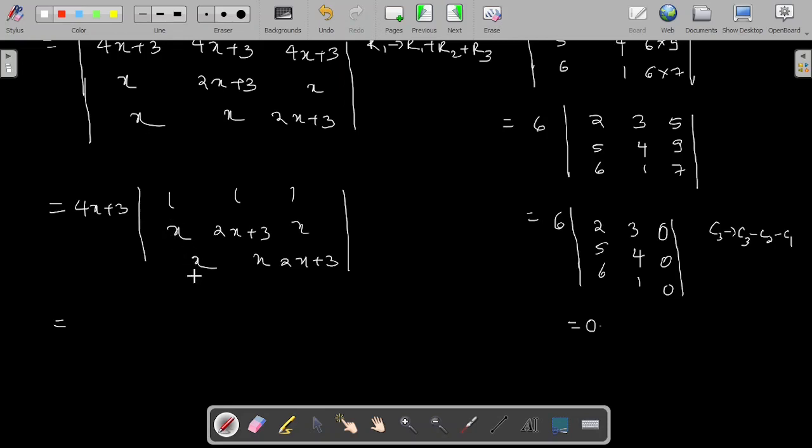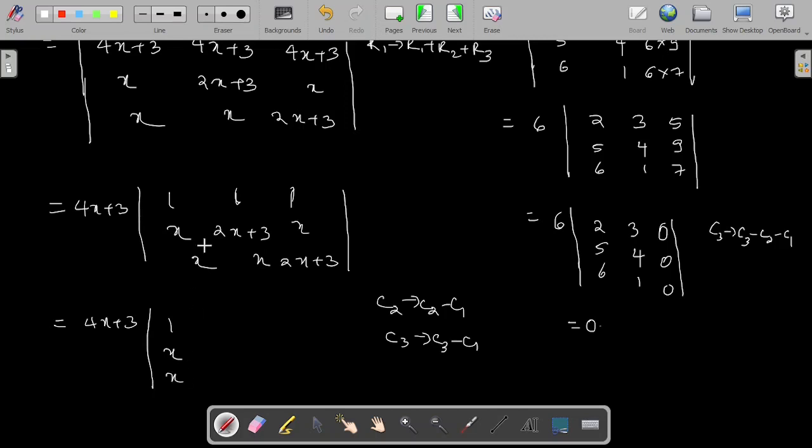You can make them 0 because when you make all these entries 0, then evaluation will be easier. Or else, because here it is unknown x, 1 1, you can make them 0 as C2 changes to C2 minus C1, C3 changes to C3 minus C1, 1 minus 1, that gives you 0.